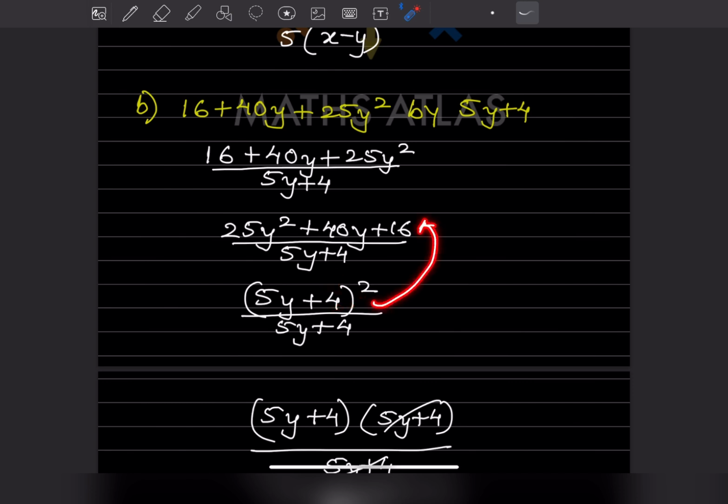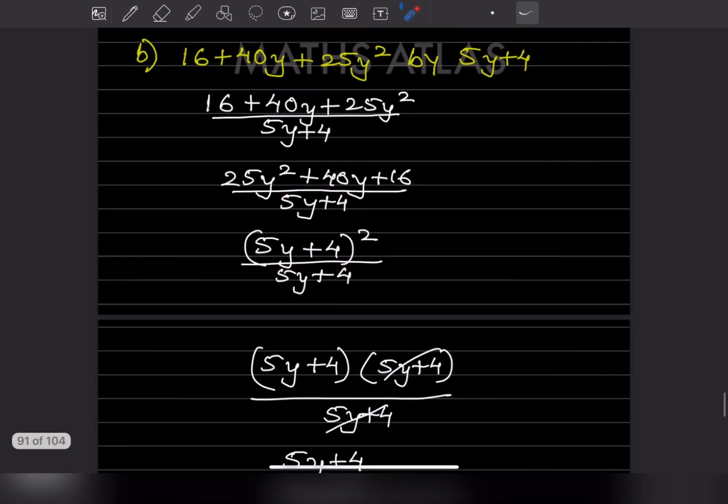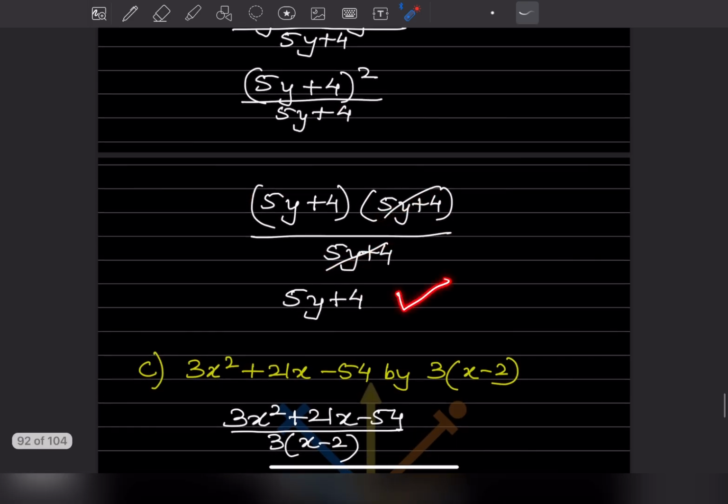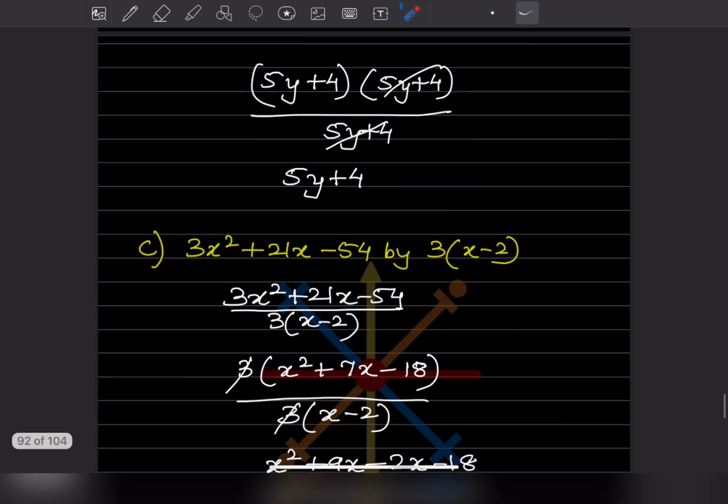This is just for your understanding. Now the same thing we can write 2 times in brackets and the denominator the same. So this and this get cancelled. So the answer is 5y plus 4.